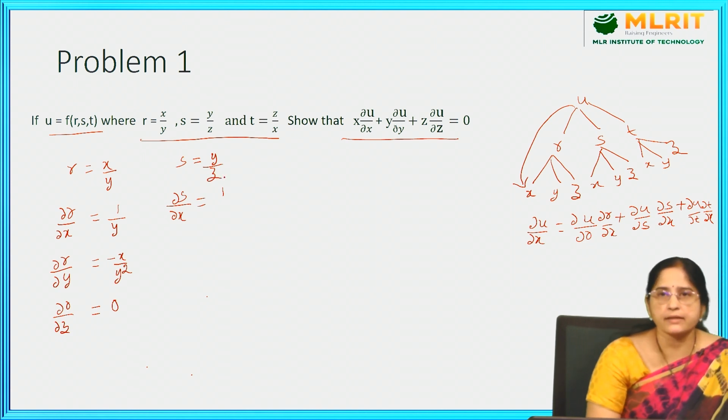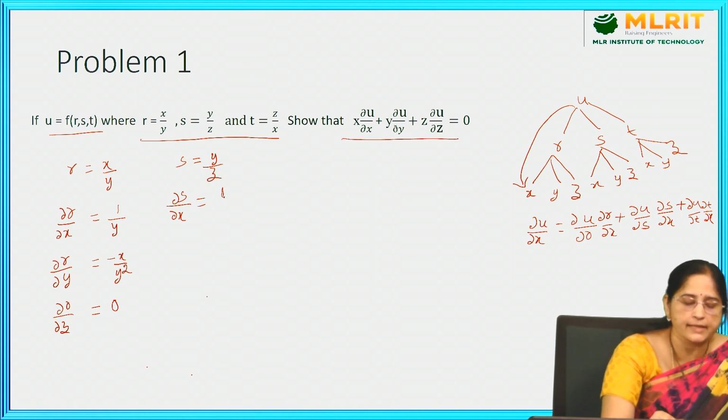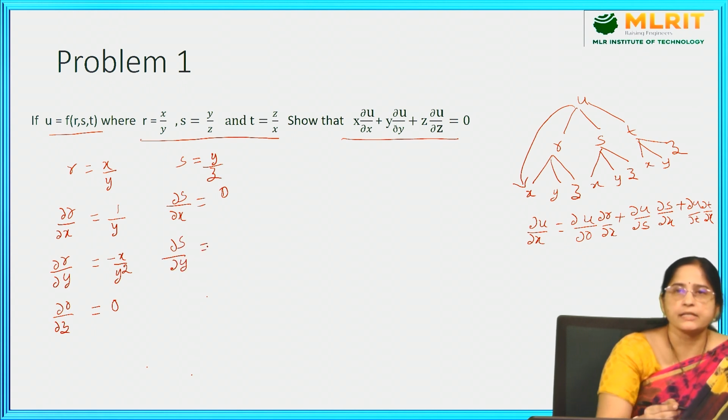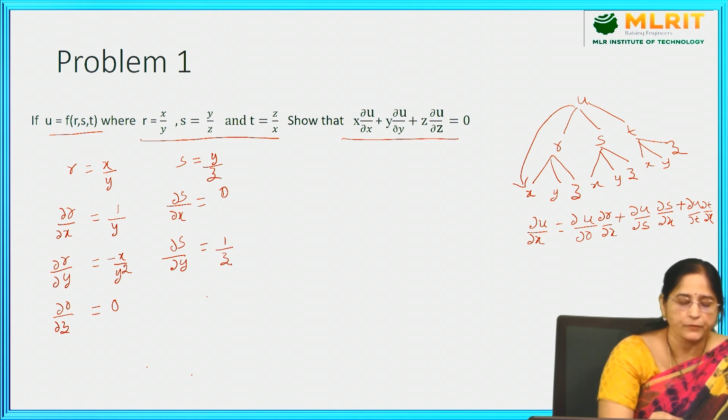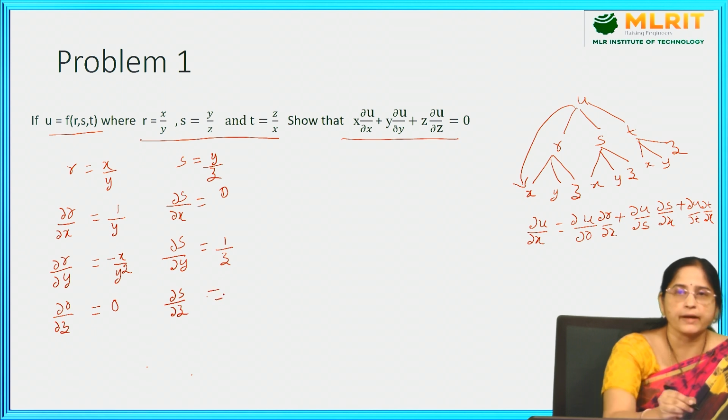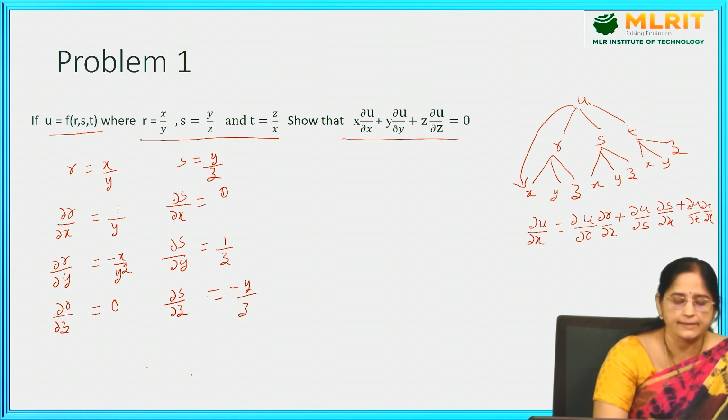There is no x value, therefore dou s by dou x is 0. Next, dou s by dou y we can calculate. With respect to y, z is constant, the derivative of y is 1, so 1 by z. And dou s by dou z is y into the derivative of 1 by z, which is minus 1 by z square, so minus y by z square.